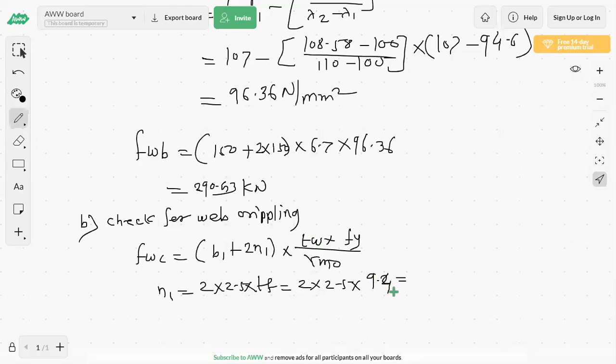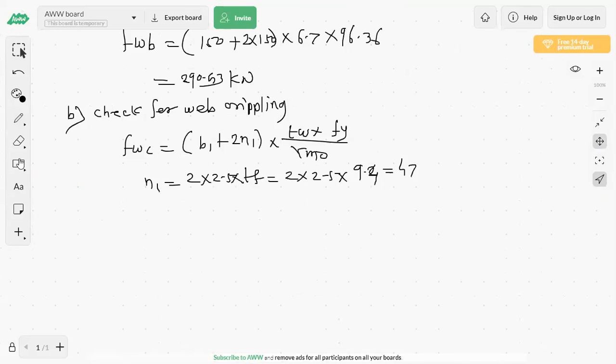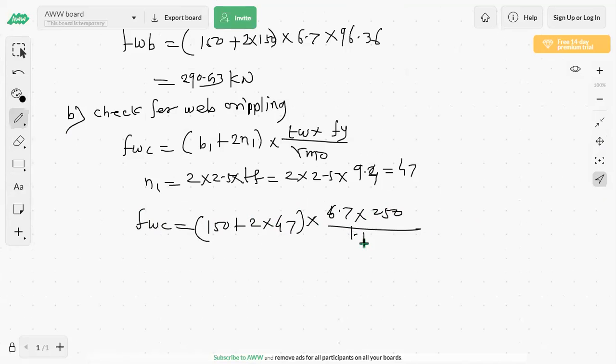2 into 2.5 into 9.4. How much? 47. Okay, now put these values. FWC is equal to B1, which is 150, plus 2 into 47 into TW, which is 6.7, into Fy, which is 250, divided by gamma m naught, which is 1.1.